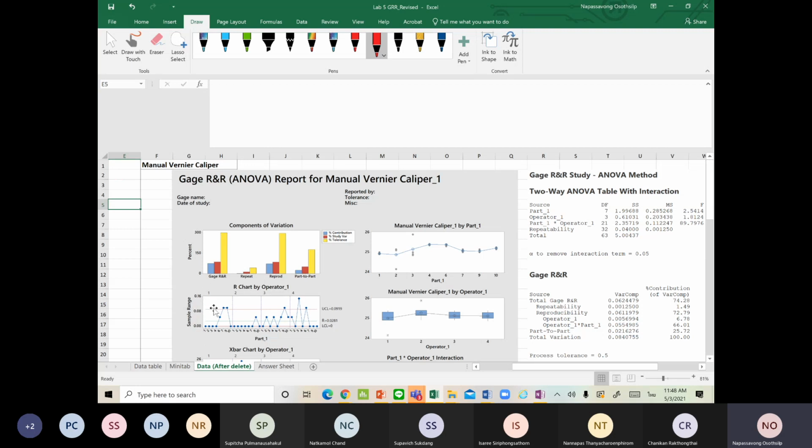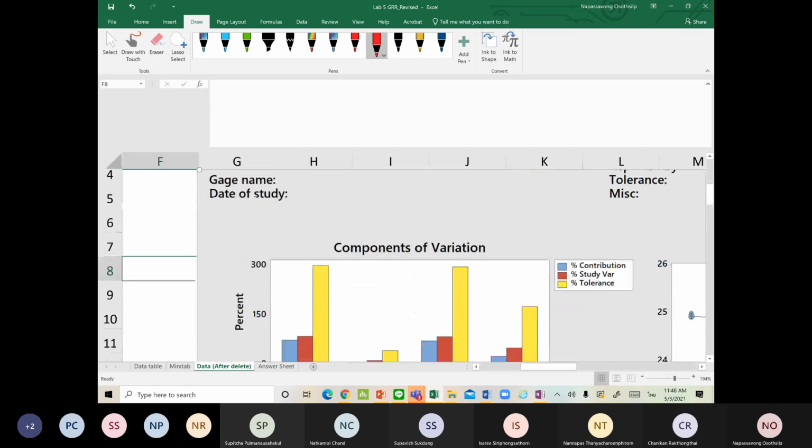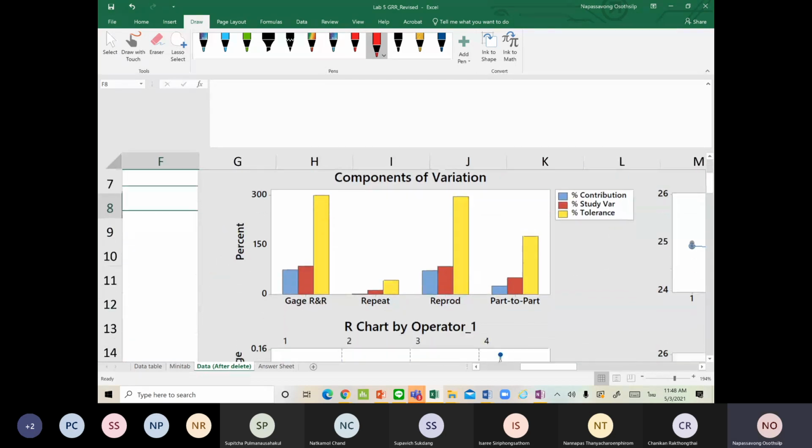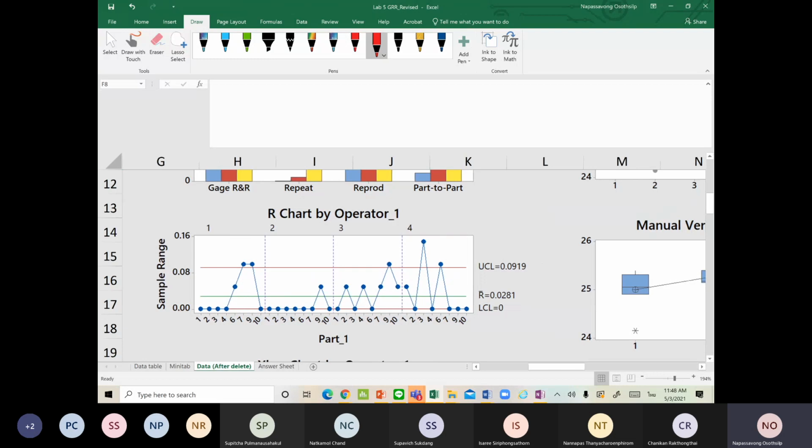Now the maximum will be, I'm not sure, 0.10, 0.15 actually, instead of 1 in the previous data set.